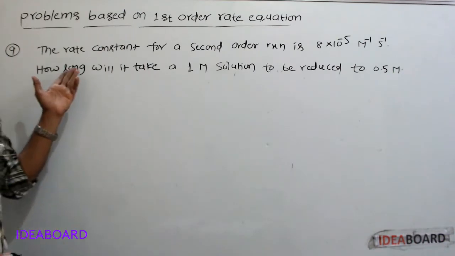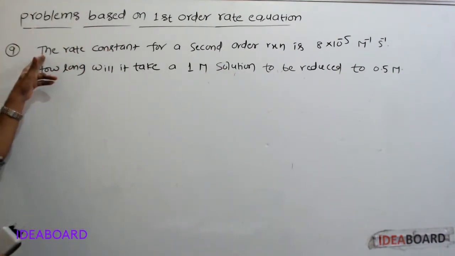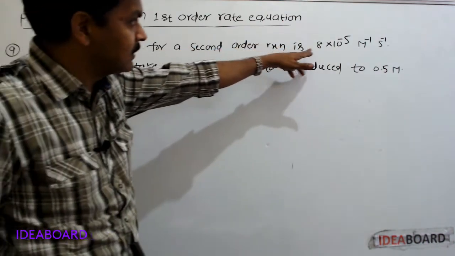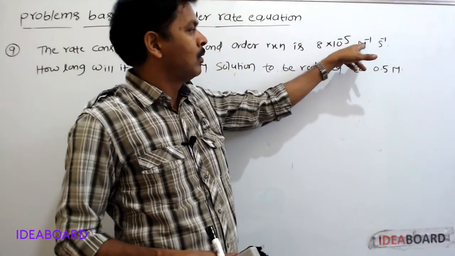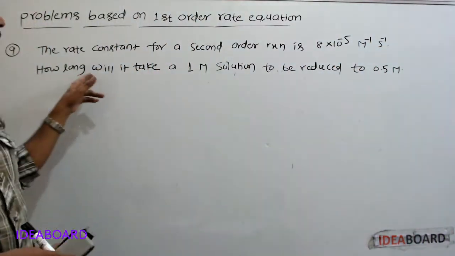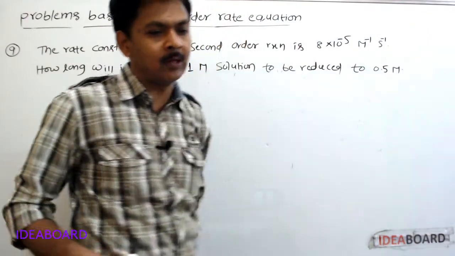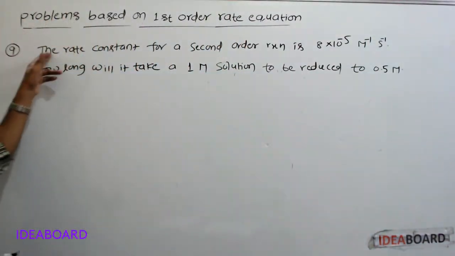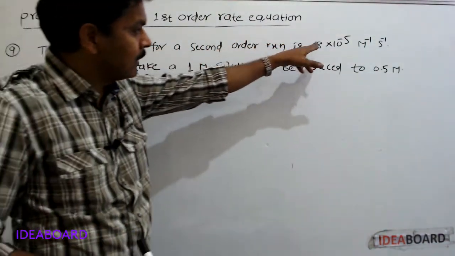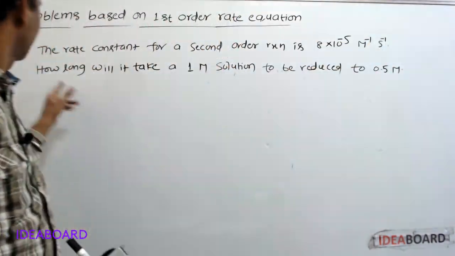Next problem. This is a second order reaction, second order rate equation problem. The rate constant for a second order reaction is 8 into 10 power minus 5 molar power minus 1 second inverse.